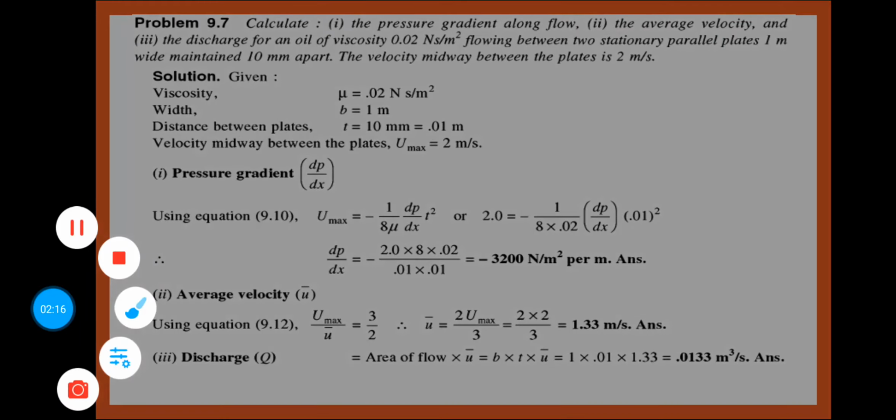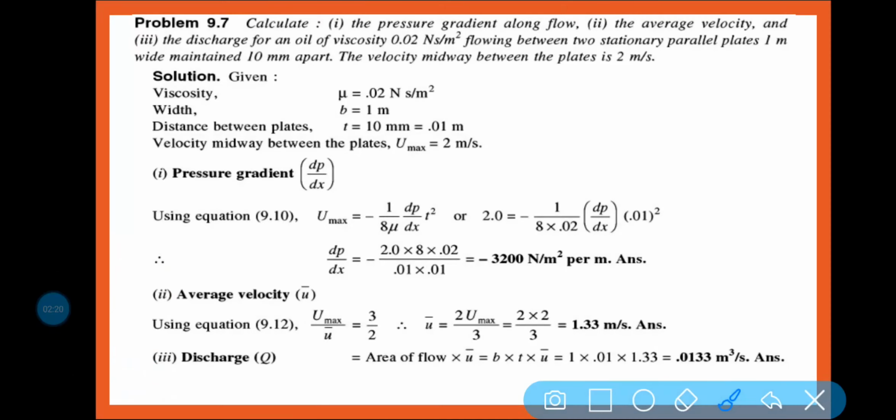So here you can see problem number 9.7. This was your homework. I hope you have completed and submitted the assignment. First of all, I am going through the problem, then you just pause the video, solve the problem, and see the solution.